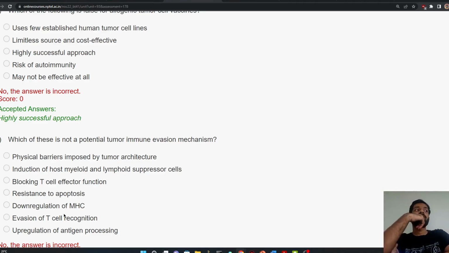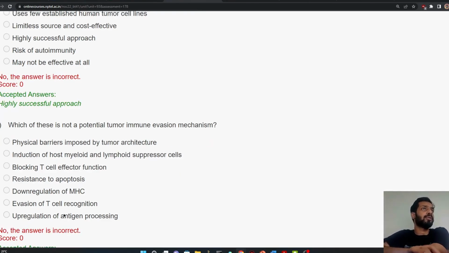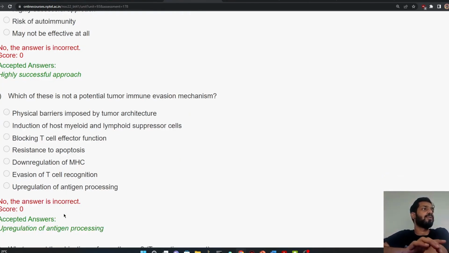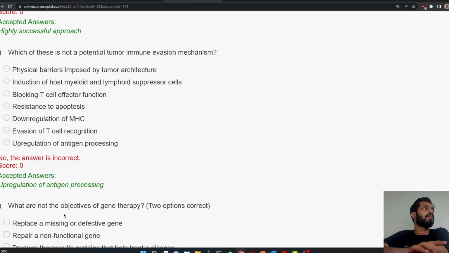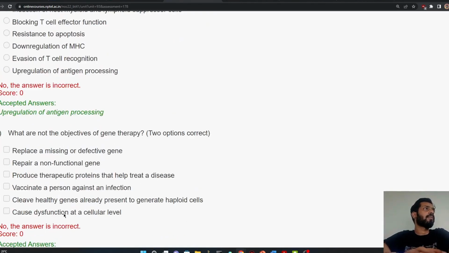So option G. Yeah, upregulation of antigen processing is not a potential tumor immune evasion mechanism, because if it's upregulating the processing of antigens, if anything, it will be susceptible to the immune system, right? So it would in fact downregulate the antigen processing.